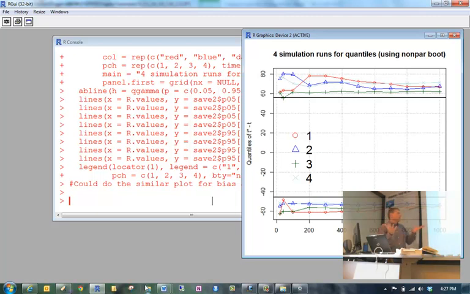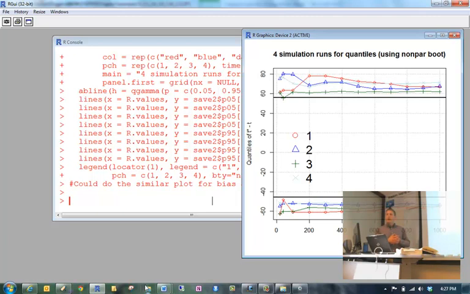So this is again just to show you that you need to take a large enough number of resamples in order to estimate quantiles. But also what this plot shows you too is that the black lines correspond to quantiles that are the true quantiles from the parametric bootstrap setting.